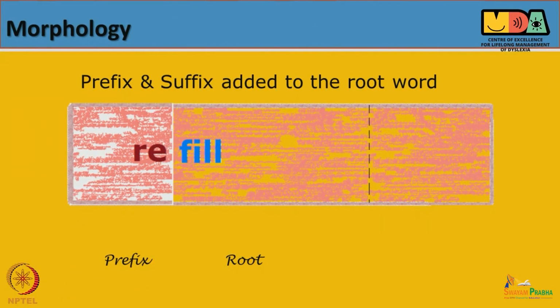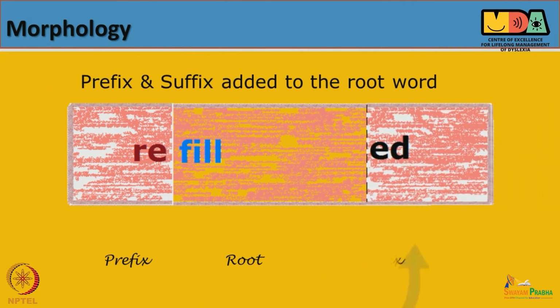And then we have the suffix. Now, the suffix here is ed, which means we have the word now refilled. The ed is added at the end of the root word, and there are rules for it. Here it means that this word is in the past tense.